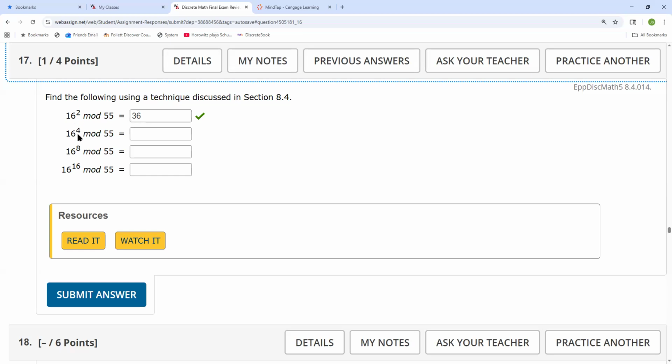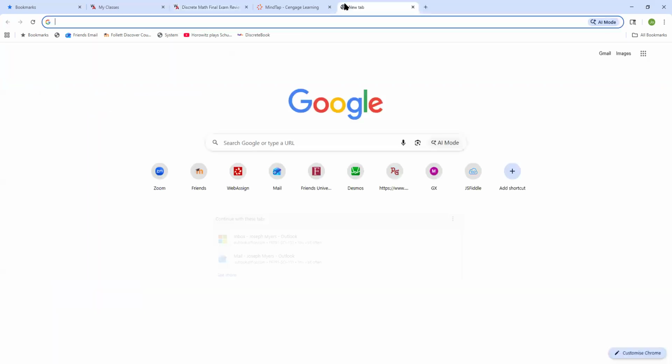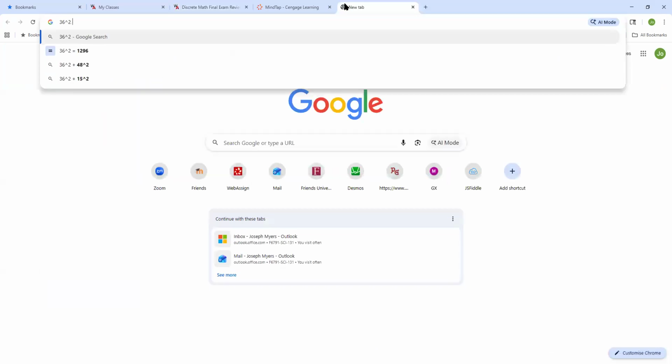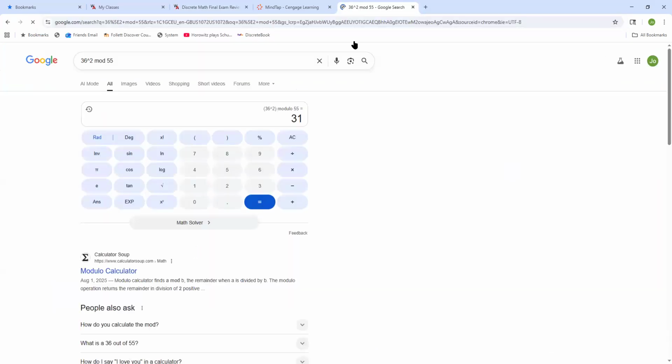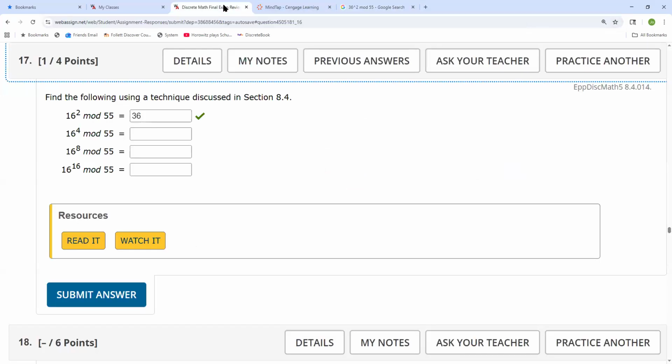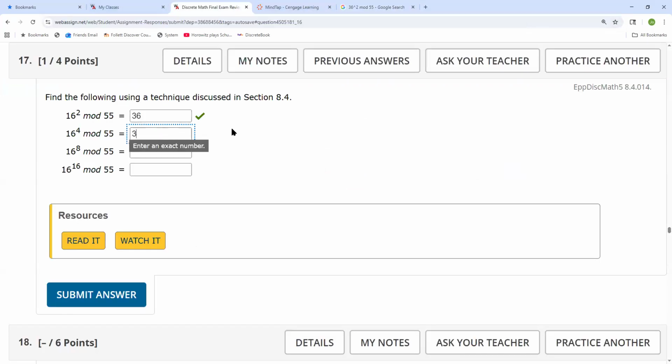So I can just replace this 16 to the 4th with 36 to the 2nd. So let's see, what's 36 to the 2nd? 36 to the 2nd power is 1296, right? And what is 1296 mod 55? 31. So 31. So you are allowed to use calculators, of course, when you're doing this.